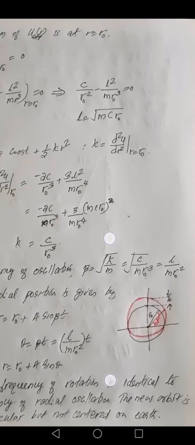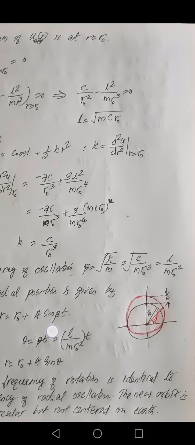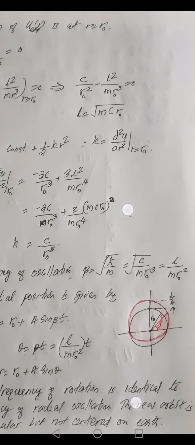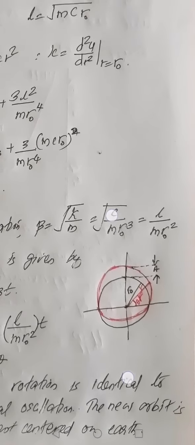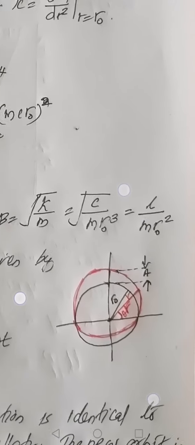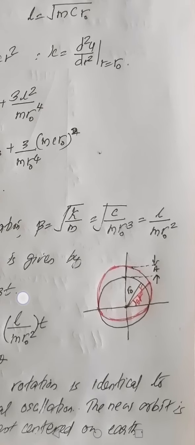If you can see this one, the black one is the first orbit of radius r0, and the red one is the new orbit, but you can see that both are almost circular in shape.